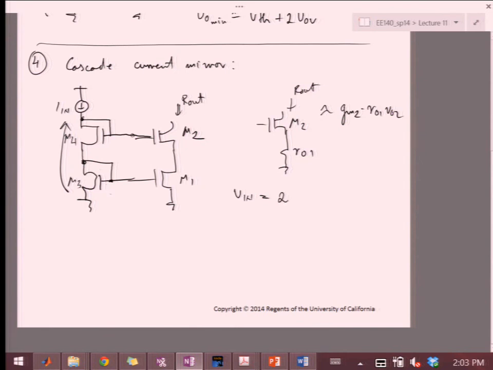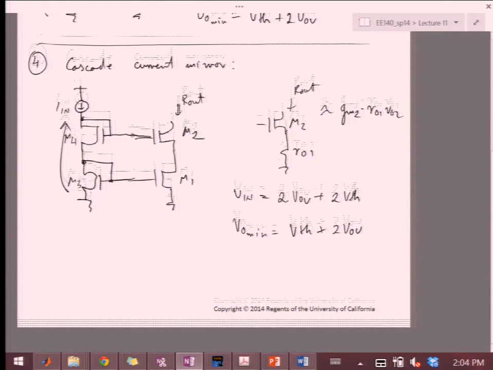So V in is, yes, there's 2 VOV plus something else, 2 VTHs. What is VO min? Yeah. So it's VTH plus 2 VOV.